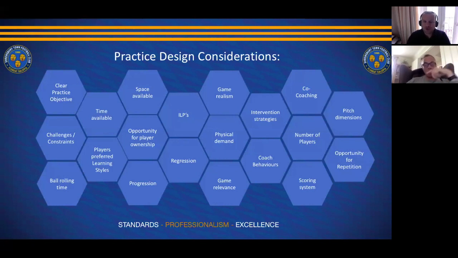Okay. But I still think these considerations apply. So even if they're being given a session to deliver, which already has a clear objective, which probably has some relevant challenges and constraints linked to it, which has some game relevance, so some of these things are already set.